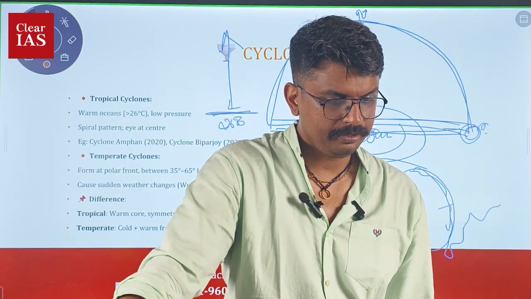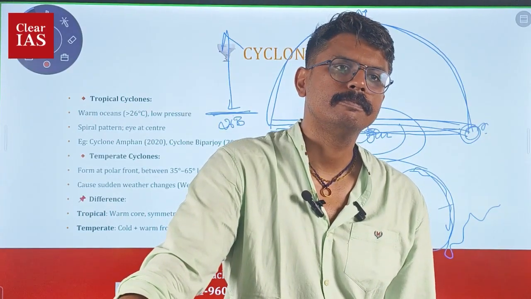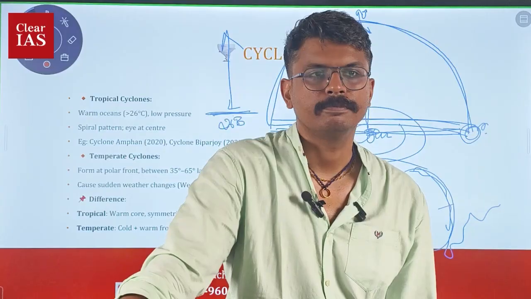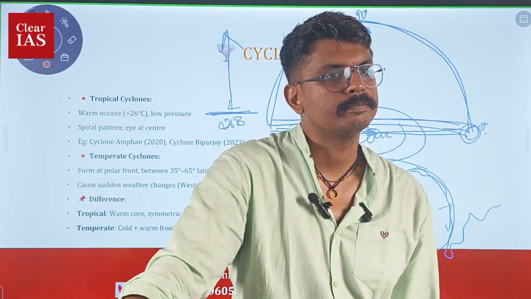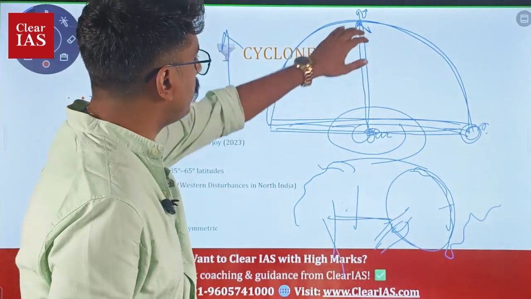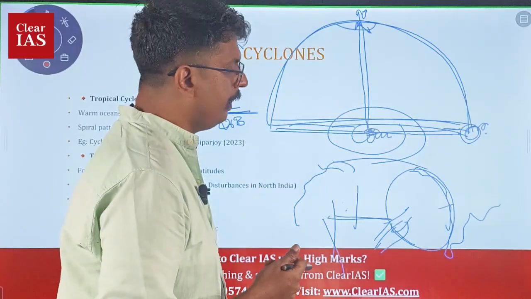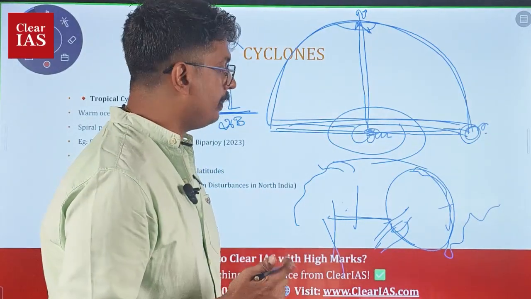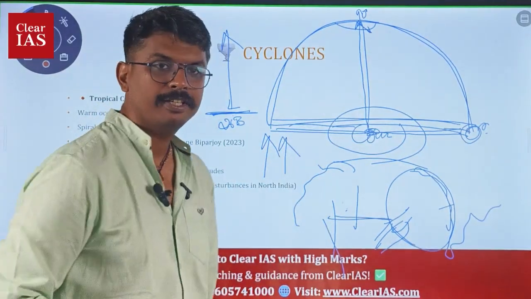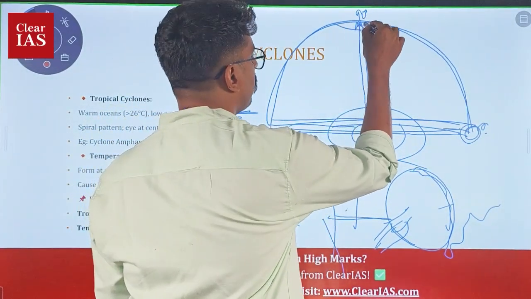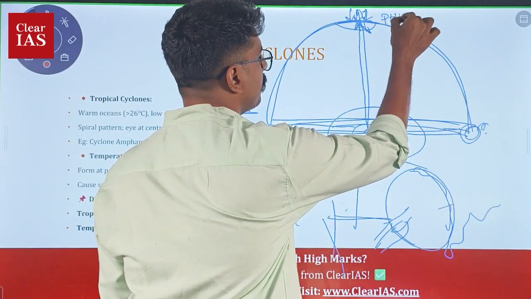Anybody else? Any other question? There might be a lot of cyclones at the polar region. That's a very good question. But the problem is, when you need to have cyclones, you need air rising upwards, and at the poles we have a high pressure where air is continuously descending, creating the polar high pressure belt.